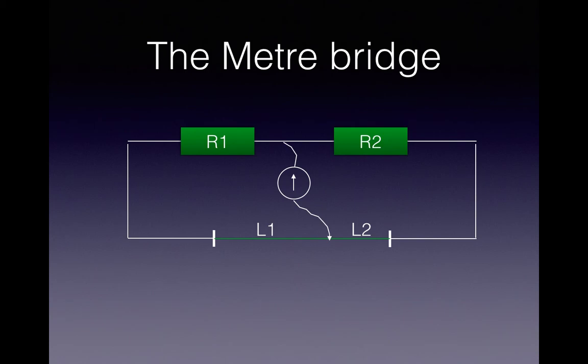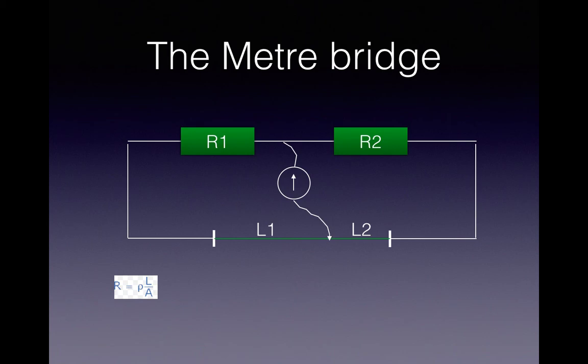Obviously here we don't know the resistance of the length L1 or L2, but what we do know is the resistivity formula can be rearranged to give us R equals resistivity multiplied by the length over A. That means that R3 is equal to the resistivity of the metal by L1 over the cross-sectional area of the wire, and R4 can be given by the resistivity of the metal by L2 over the cross-sectional area of the metal.